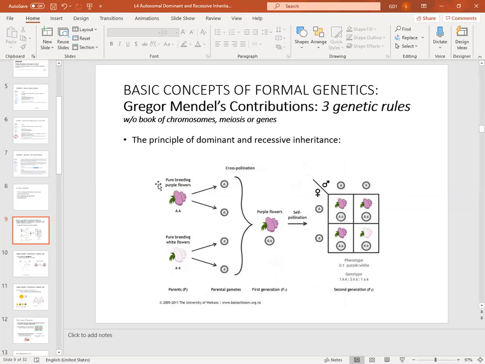Here we cross red with white, and now we have all red, 100%. That is, red is the dominant and the white color is recessive. Dominant and recessive is quite famous from high school, you know it already. In human phenotype expression we also have the same thing, same with plants.